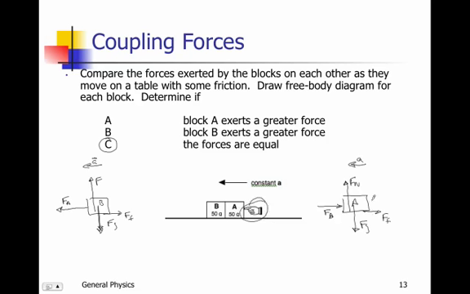It's pushing on A right here, and it's making it accelerate. So it's got to overcome both friction and the force from B. So it's got to be longer than both of those. And that's the force of the push.